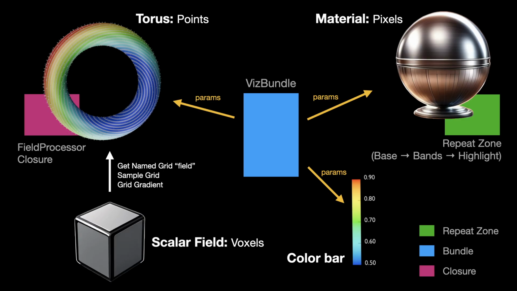And these parameters we will be able to access from the Torus, which is the geometry that we will use to project the scalar field. It will be also sent to the material. We will create a complex material we are seeing here with some repeat zone and some closures also inside the shader editor. This is also something new for Blender 5.0.